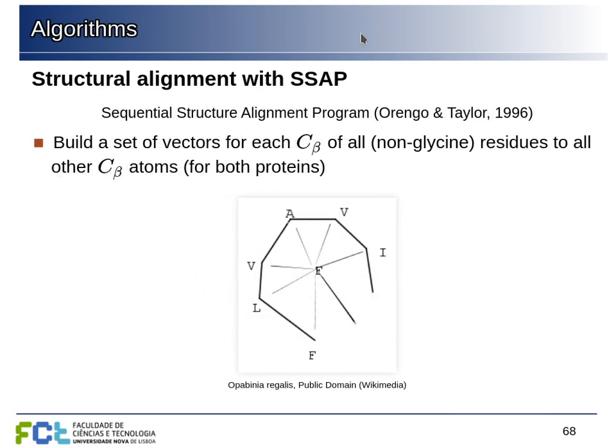Another way that I mentioned previously is the idea of looking at the spatial neighborhood of a residue. Looking at a particular residue, we can build a set of vectors. In this case, SSAP, this algorithm, uses vectors between the beta carbons of the different residues.